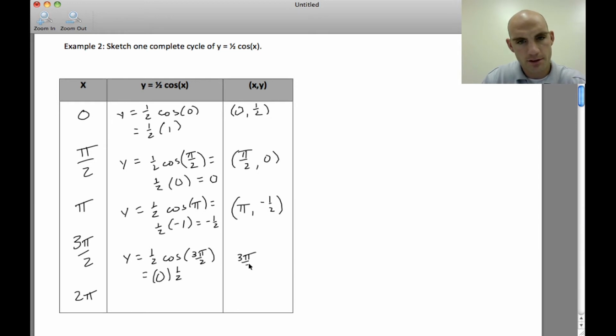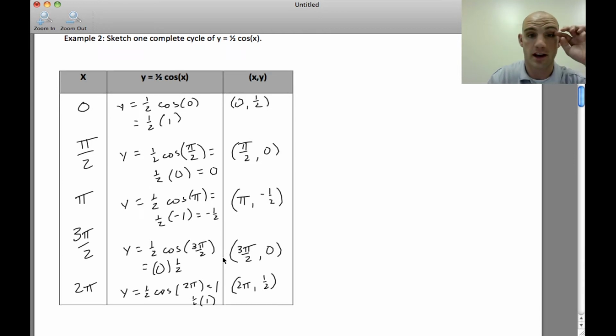So 3 pi over 2, comma 0. And y equals 1/2 cosine of 2 pi. 2 pi, just 2 pi, not 2 pi over anything. When I take the cosine of 2 pi, I get 1. So that's going to be 1/2 times 1.